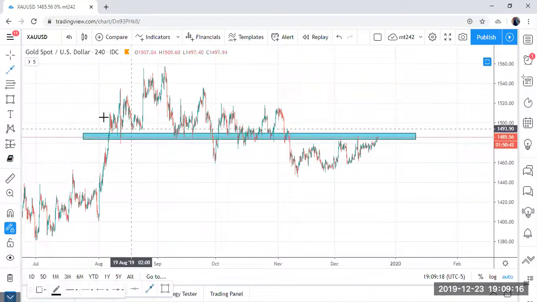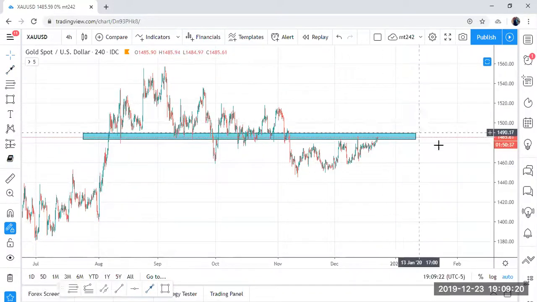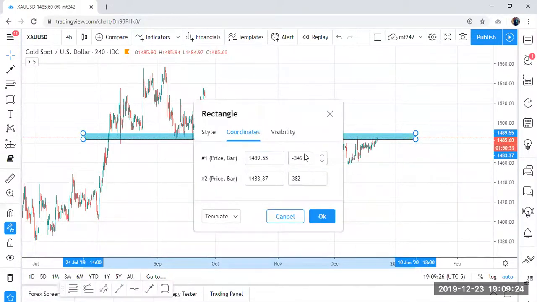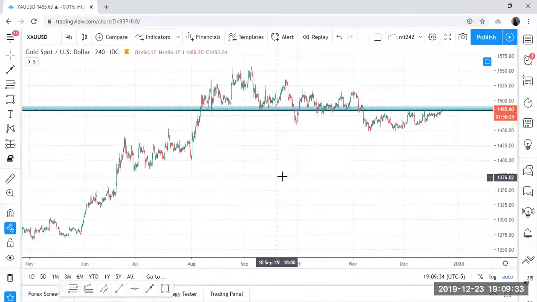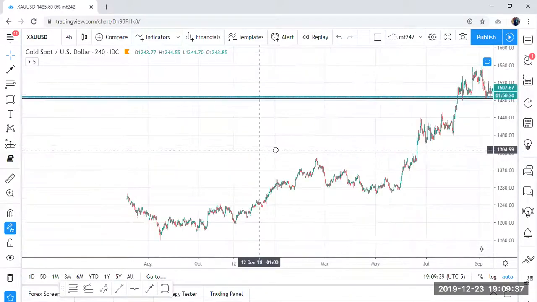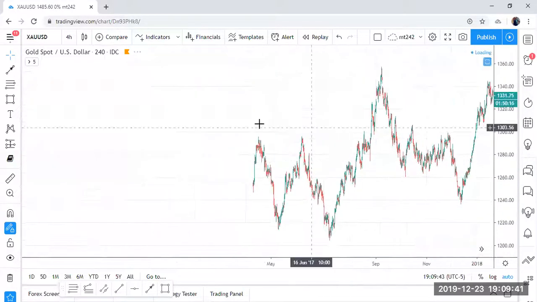So why I like support and resistance is because no matter how far back we go in the past, that's the only drawing I have on the chart.